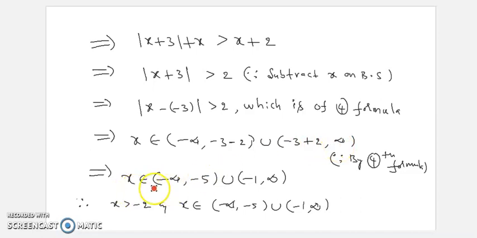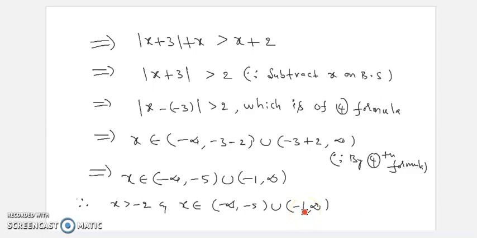That implies after some simplifications, x belongs to open interval minus infinity comma minus 5 union minus 1 comma infinity. Therefore, x greater than minus 2 is the case. We have the solution x belongs to minus infinity comma minus 5 union minus 1 comma infinity.